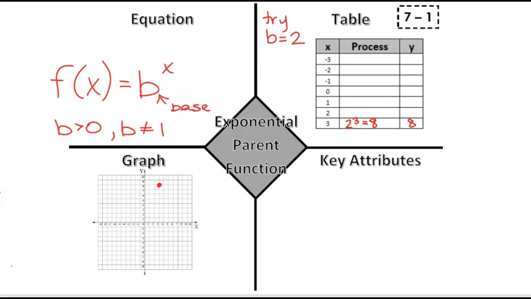If I go to an x value of 2, what is the base? 2 again. What is the exponent? 2. 2 squared is 4. So I'm going to go plot the point 2, 4. Oh, you're about to see if it's a parabola.